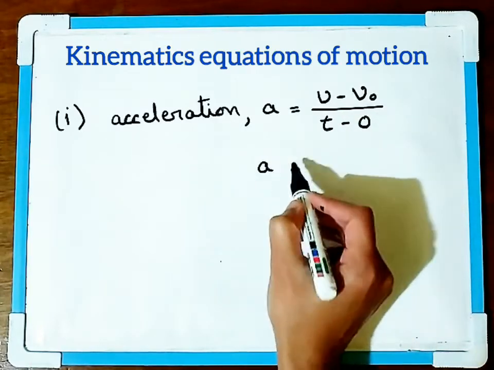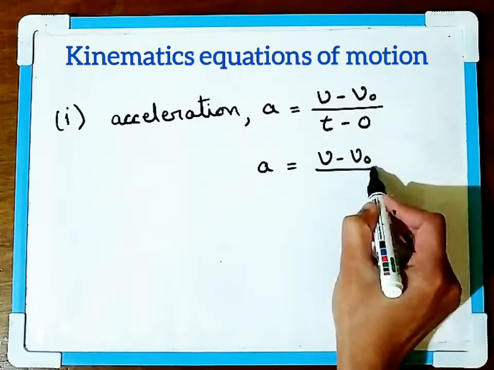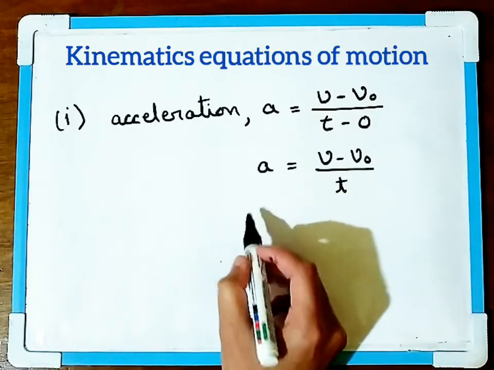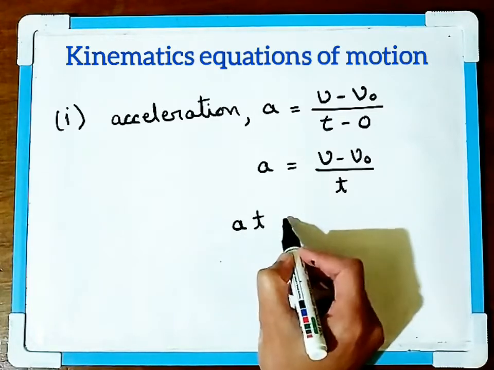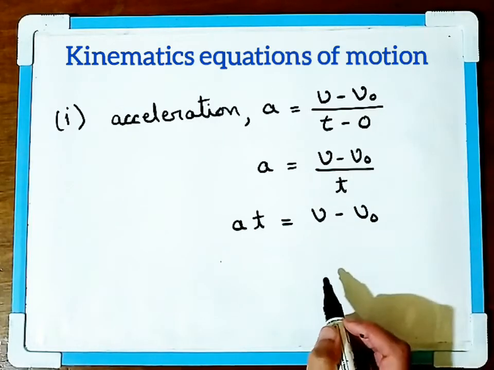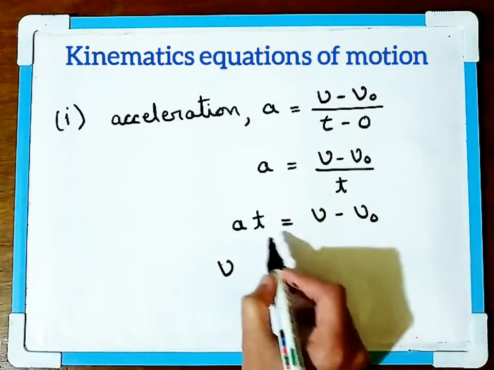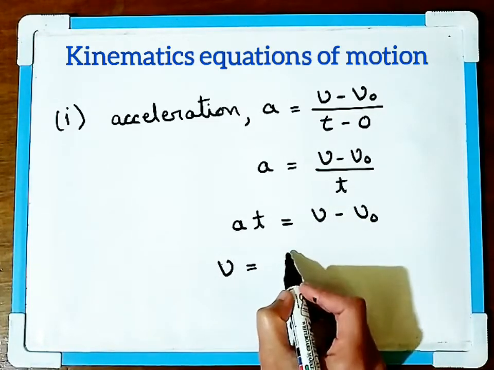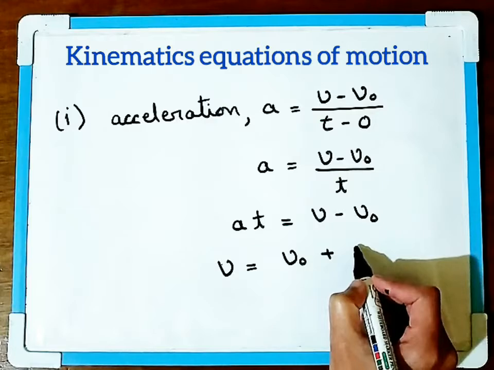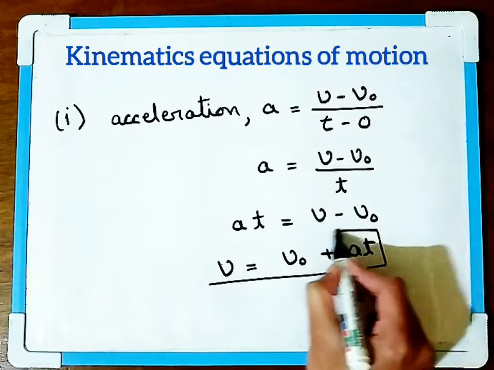So a is equal to v minus v0 divided by t, and by cross multiplication we have at equal to v minus v0. If I bring v0 to this side, we have v equal to v0 plus at.